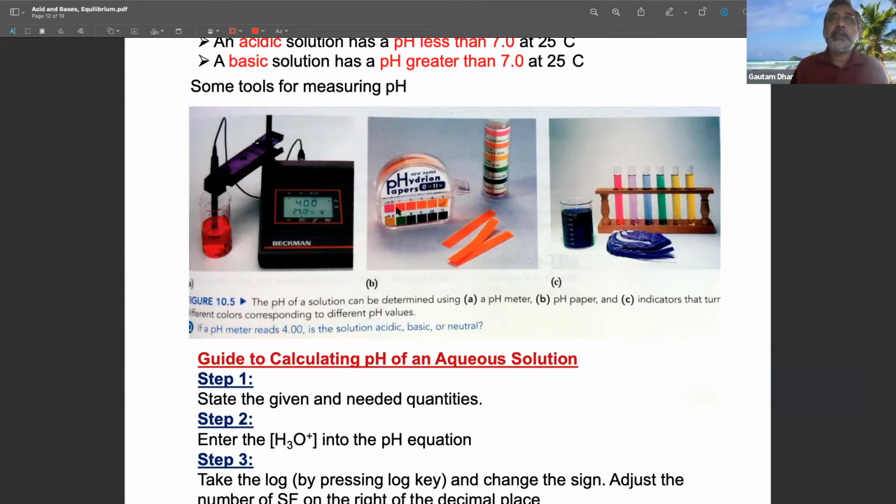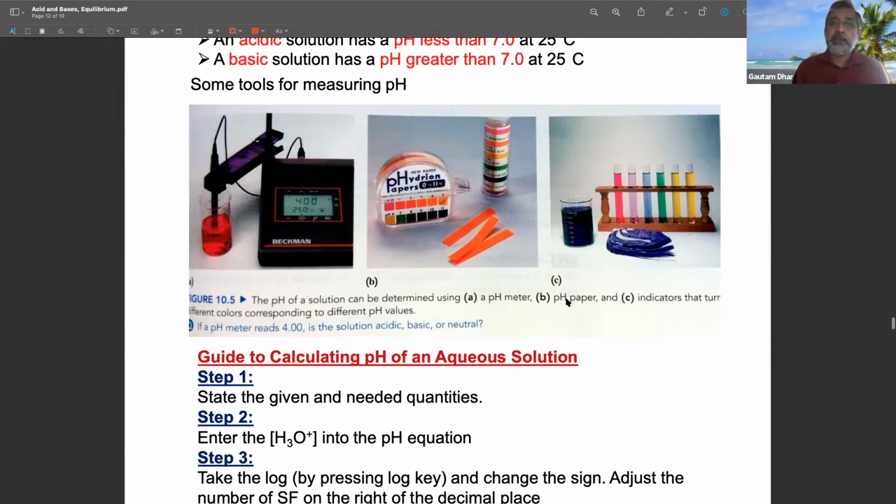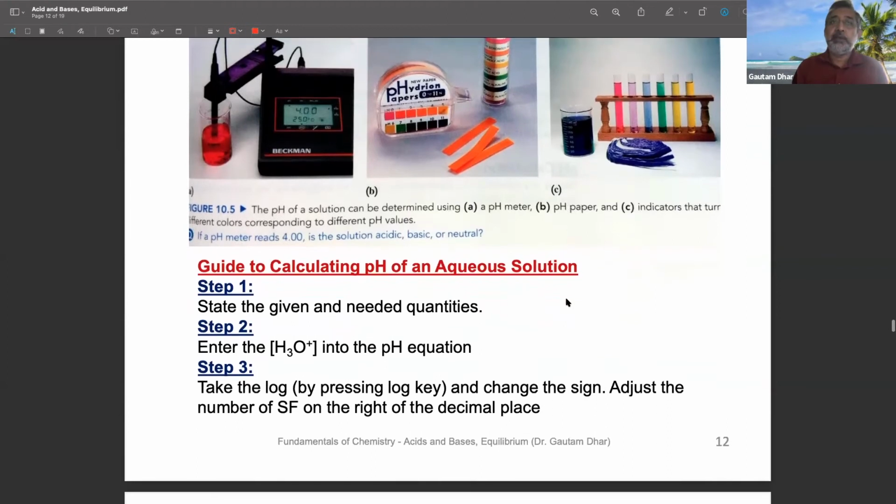You can see this pH paper changes color from 0 all the way to 14, or 11 here. But the color change between 1 and 2 is very hard to pick up. You can broadly say it is 1 or 2 or 3. A pH meter is more accurate. And you can see the color changes with indicators here. So you can use this as a means of determining the acid concentration, the pH of the solution.